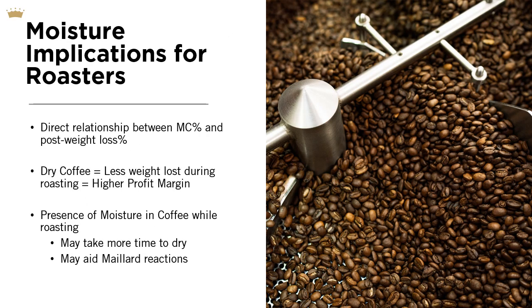As a roaster, moisture content is immediately relevant to roasted weight loss. All roasters must contend with a loss of product when converting from green to brown. And roasted weight loss can loosely be calculated as the green coffee's moisture content, all of which is roasted away, plus the degree, that would be like time and temperature of the roast.